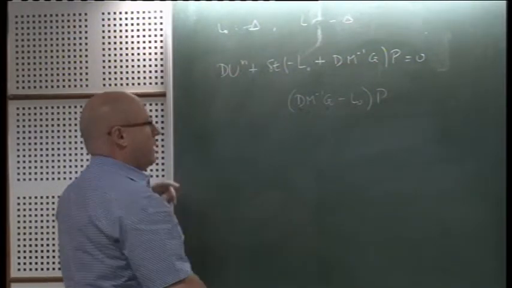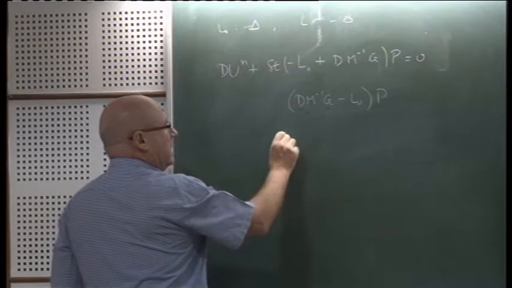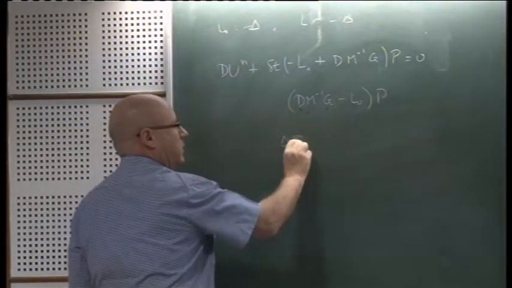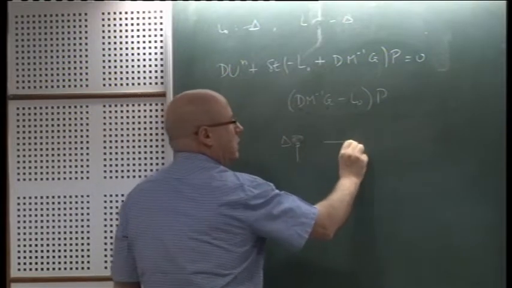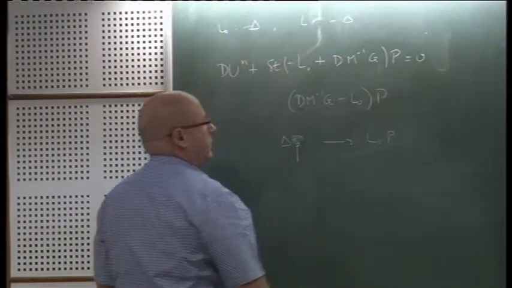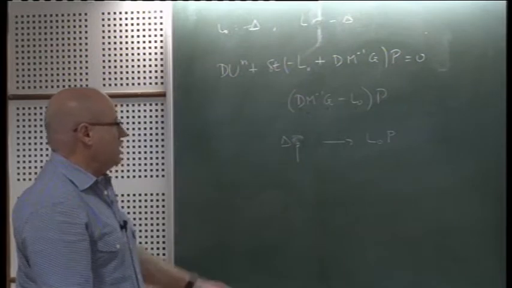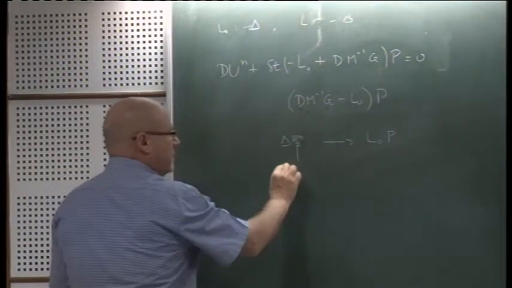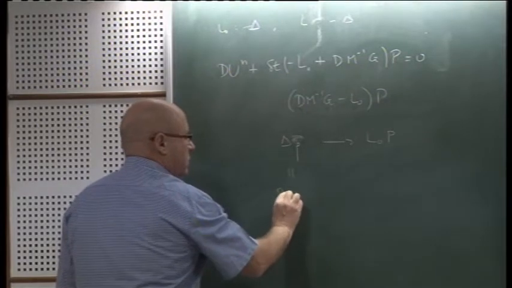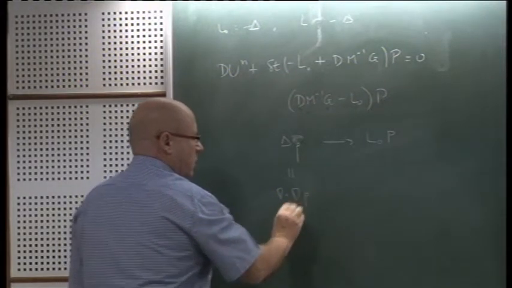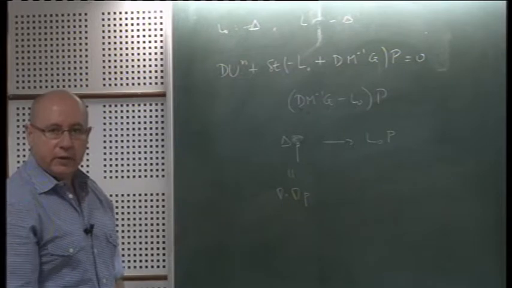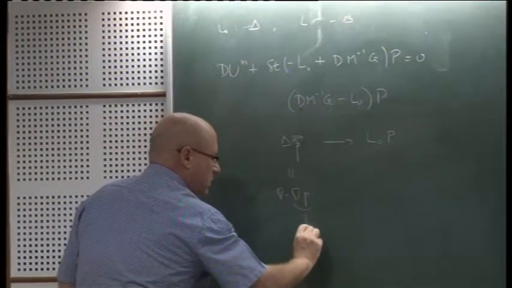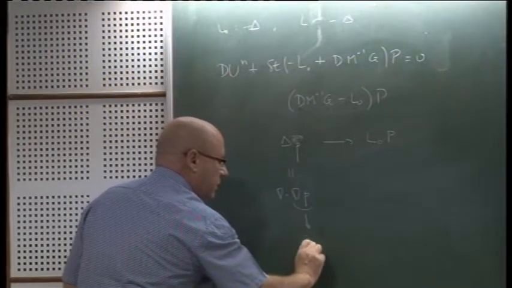It's different. Why? Because at the discrete level, discretizing the Laplacian of the pressure gives L0 of the pressure. And the Laplacian, you know, is the divergence of the gradient. However, discretizing the gradient yields the gradient of the pressure.